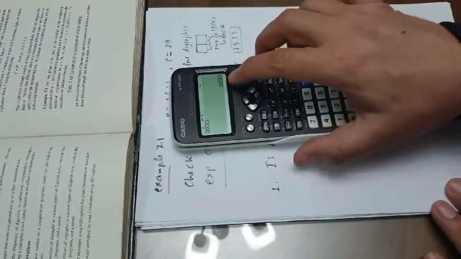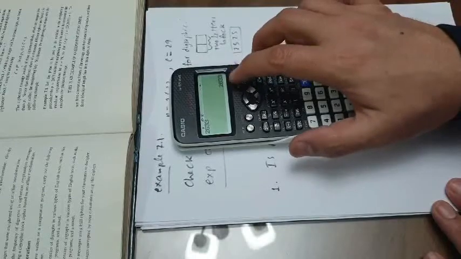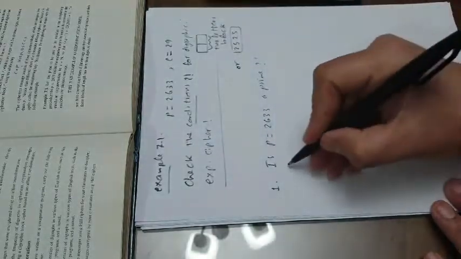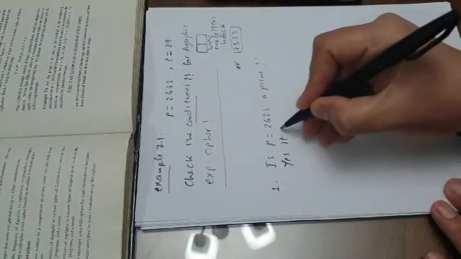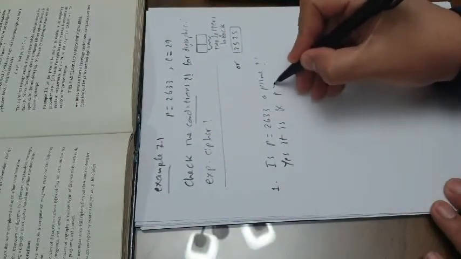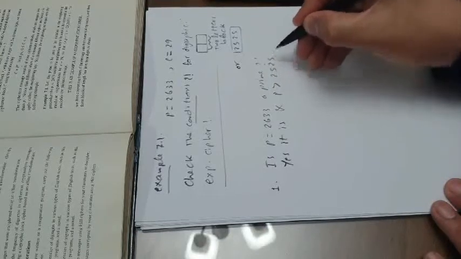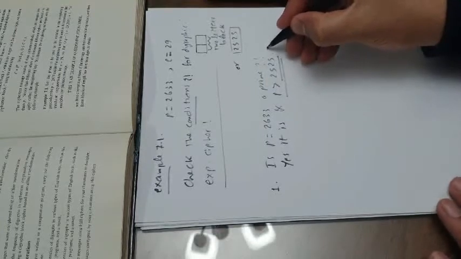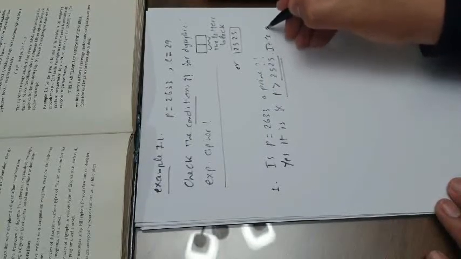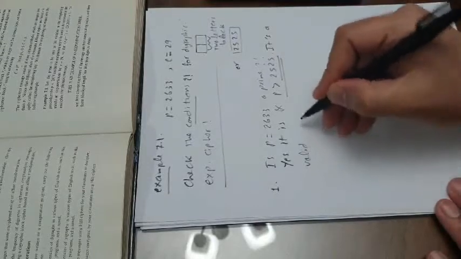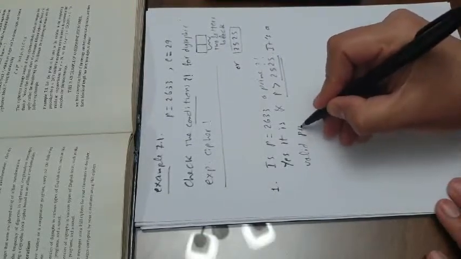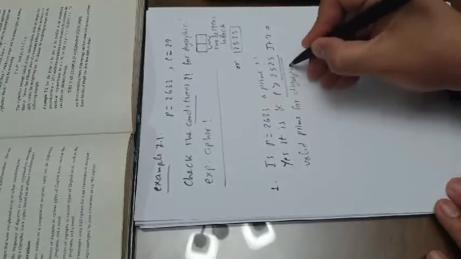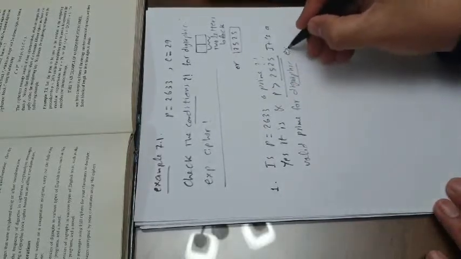So it is written again as it is, so it has no other prime factor. So it is itself a prime number. Yes, it is. And P is bigger than 2525. So it's okay. It's a valid prime for the digraphic exponential cipher.